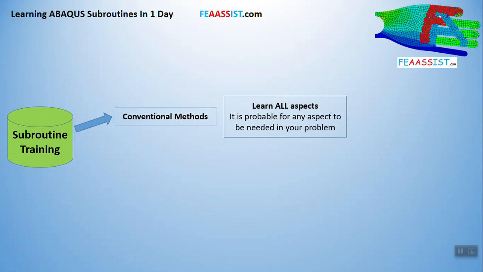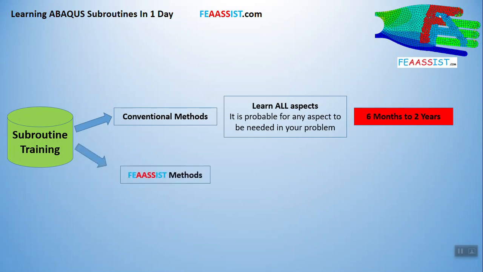Then you need to learn Abacus modeling. Then you need to learn how they interact with each other, how state variables work. And in our opinion, it can take between 6 months to 2 years to learn to write a simple subroutine, not a very complex subroutine.